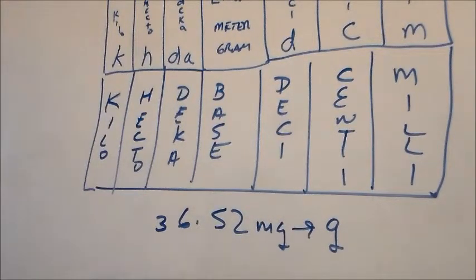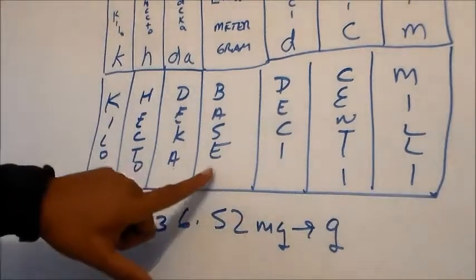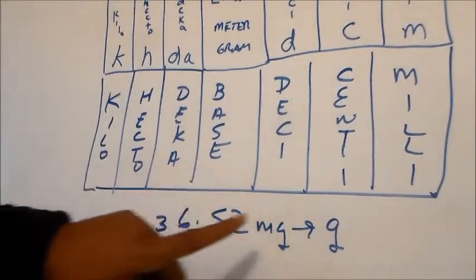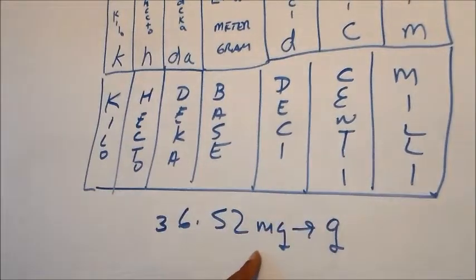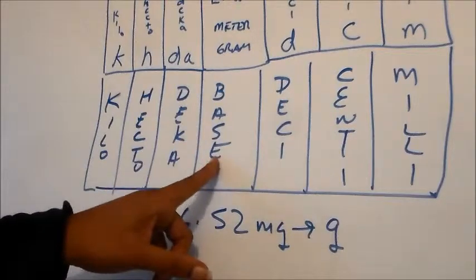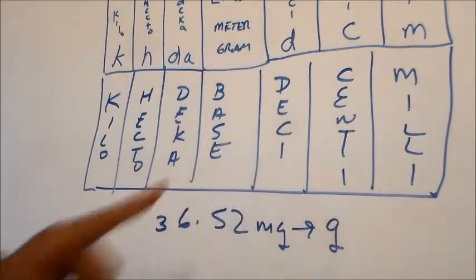So the first thing we do is we watch our decimal place. We see where it is, 36.52. And we're in milligrams. And we want to come back to grams. So the decimal place must move out of milligrams into grams, the base. So the decimal must move 1, 2, 3 spaces.